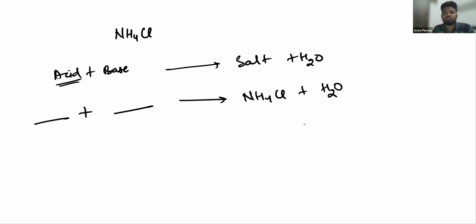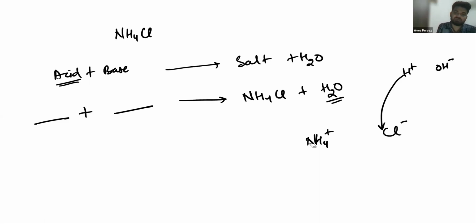For this, you need to know how ammonium chloride breaks. Ammonium chloride breaks into NH4 positive and Cl minus ion. Water also breaks into H positive and OH minus ion. The negative Cl takes the H, and the positive NH4, the ammonium ion, takes the OH.